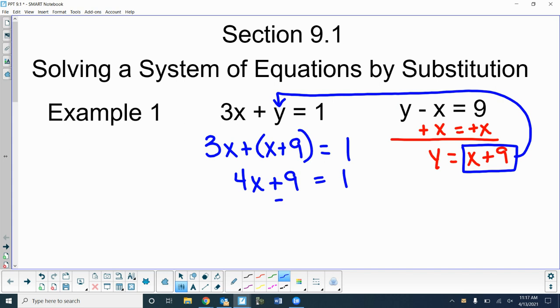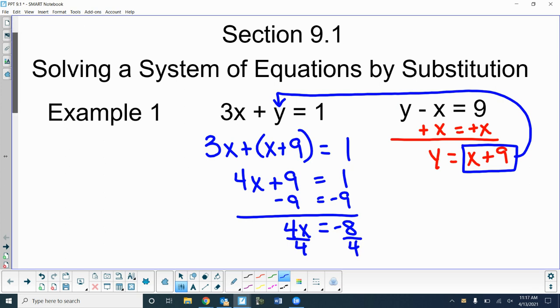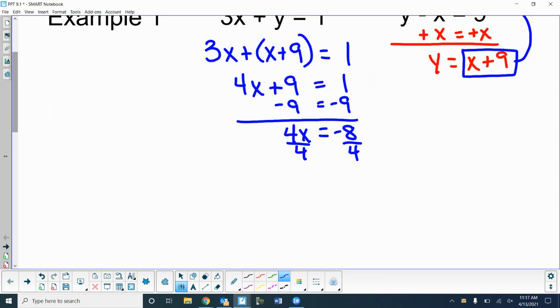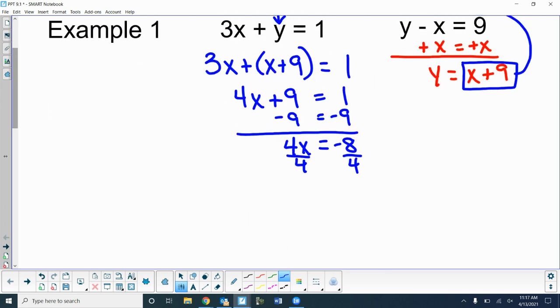So we would subtract 9 to move it to the other side. And we get negative 8. And then divide by 4. And we'll get negative 2.